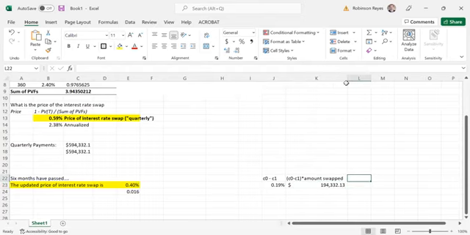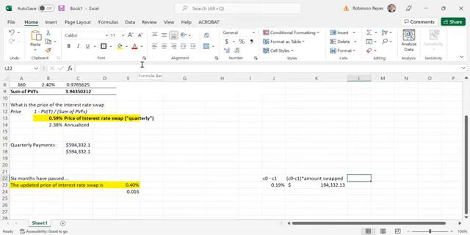If we want to find this value, we need to acknowledge that we have a period of time, and that period of time is a whole year. So we have basically 4 quarters, and we are getting these 4 payments, quarterly payments, and therefore we need to bring these payments to present value.